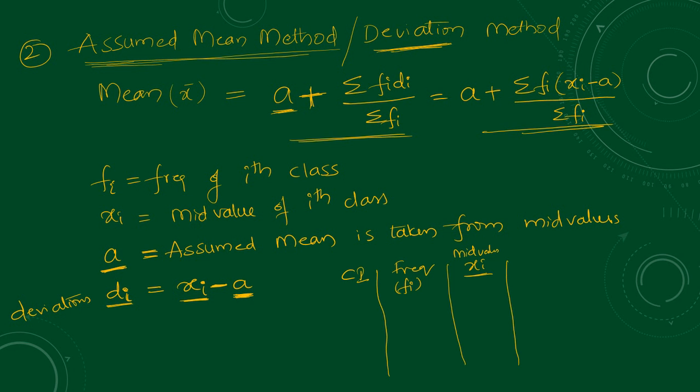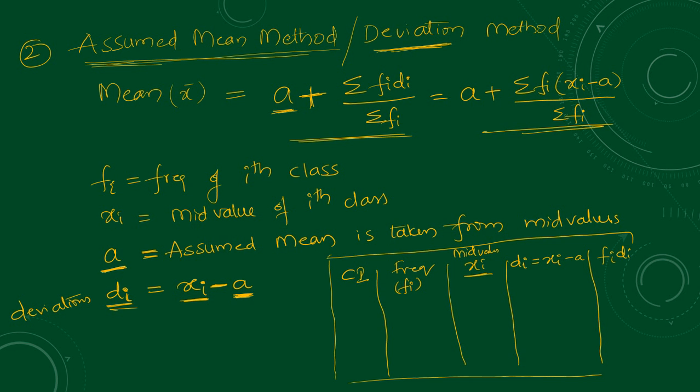Next, in the fourth column, we are going to find Di value. Here Di is nothing but Xi minus A. We have already written the formula, Di is equal to Xi minus A. And finally, the fifth column is Fi into Di. Now you will be closing the table. In this particular table, we got 5 columns.